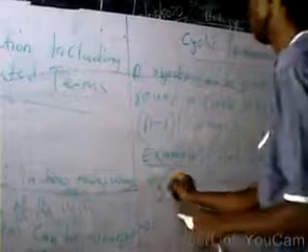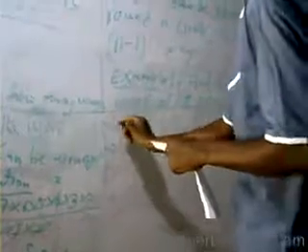Example 1. Find the number of ways 8 people can sit round a table.